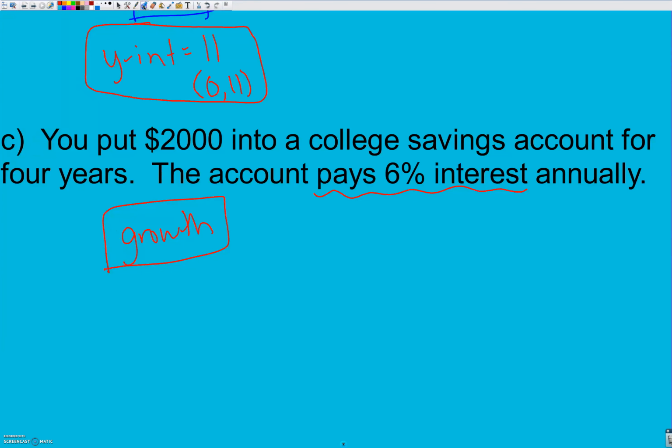And your intercept, again, is where we begin, and we begin at $2,000. So our y-intercept here is $2,000, where we begin. You could also use the point 0, 2,000.